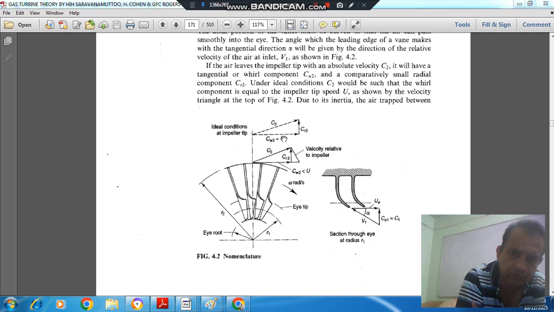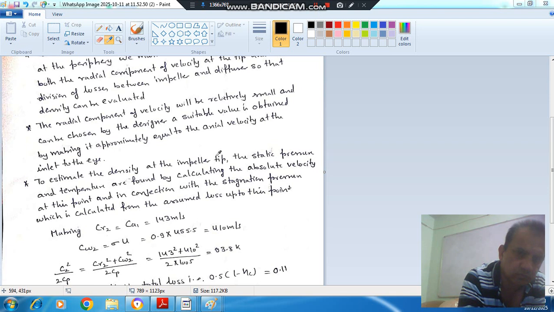This is your CW2 and this is your CR2, and CW2 is 0.9 of U, or slip factor times U, so that will come out as 410. Now CW2 is known, CR2 is known, so we can calculate C2. So C2 will be the square root of 143 squared plus 410 squared.